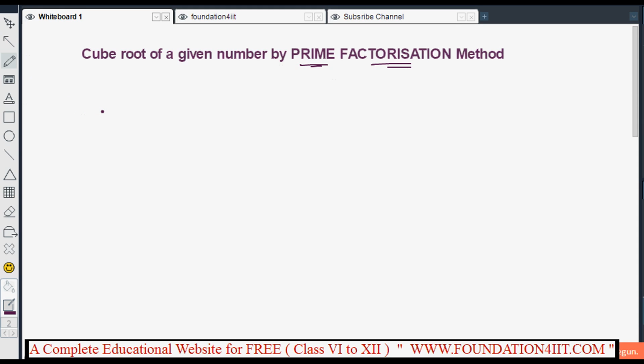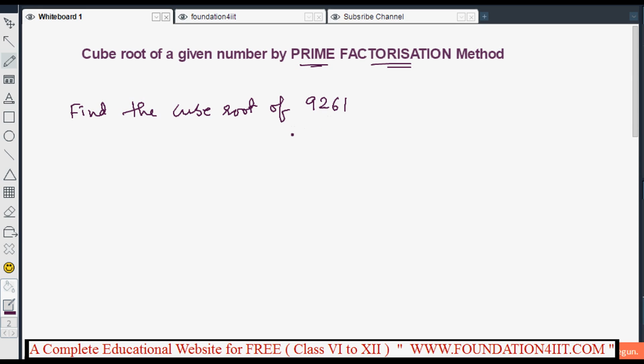So first we need to resolve the given number into prime factors, right? For example, okay, I'll take a question. Find the cube root of 9261. Next we'll see how to test whether a number is a perfect cube or not also.